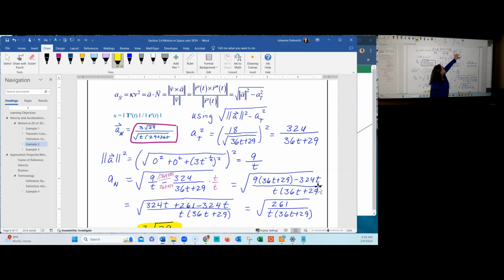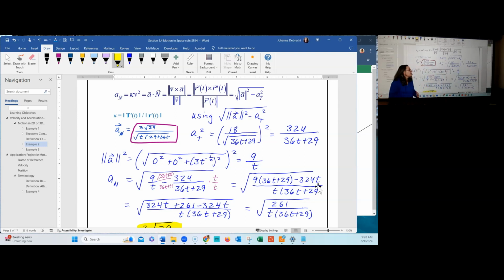Or you could take the square root of the magnitude of the acceleration squared minus the tangential component of acceleration squared. I chose to use the last one first because I already have the tangential component. So I found the tangential component squared, and 18 squared gave me 324 divided by 36t + 29.